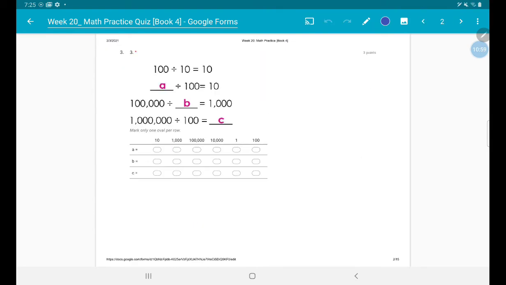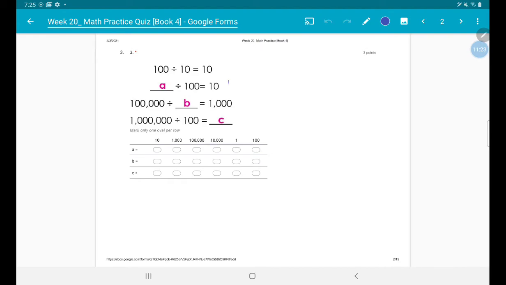All right. Next, we are dividing by multiples of 10. So first I have 100 divided by 10 equals 10. Next, I'm looking for the value of A. What number divided by 100 equals 10?